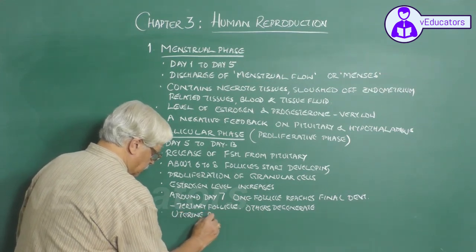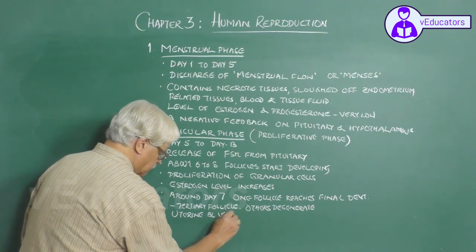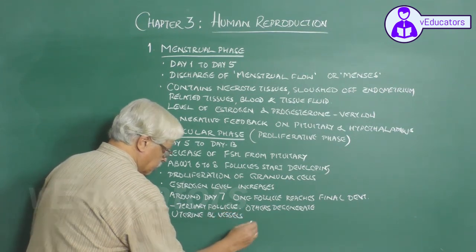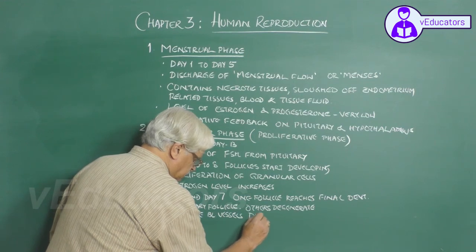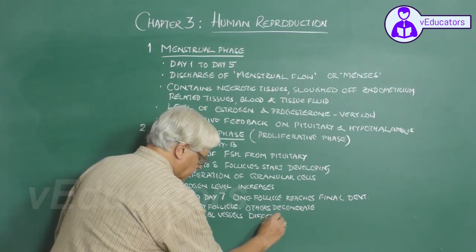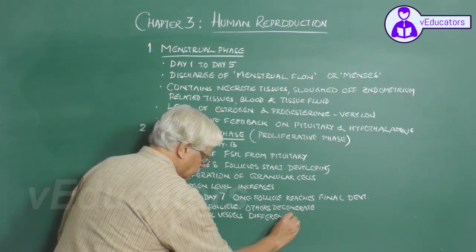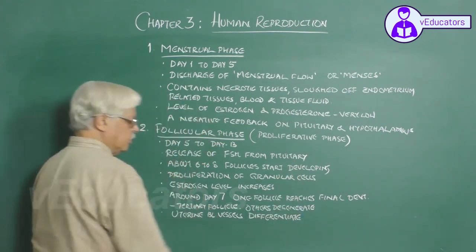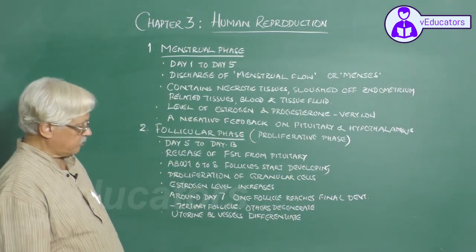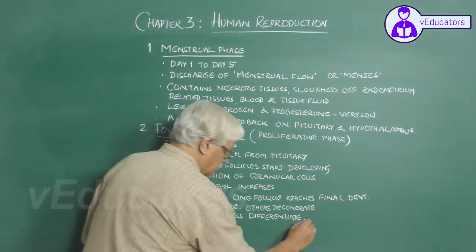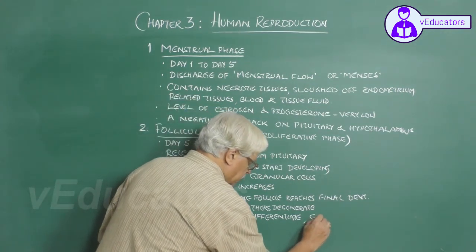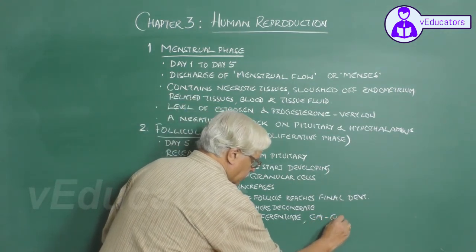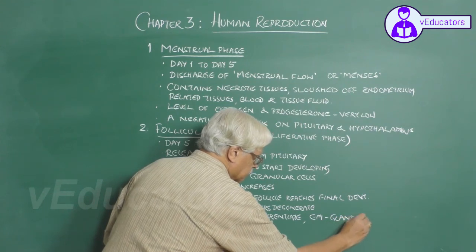Uterine blood vessels differentiate again. Uterine blood vessels differentiate. Endometrium becomes glandular.